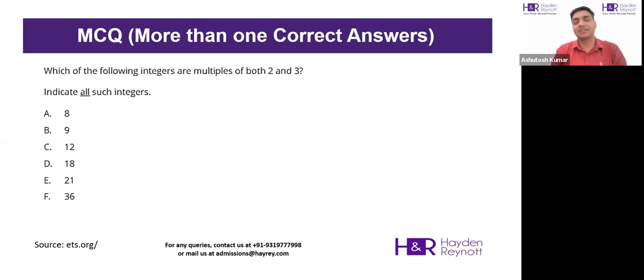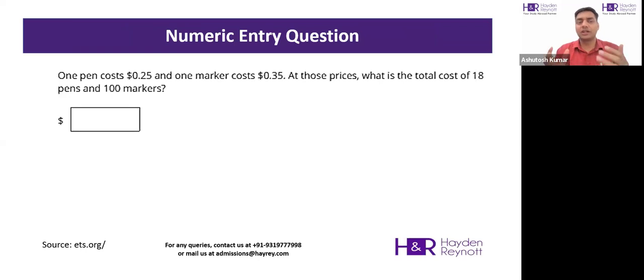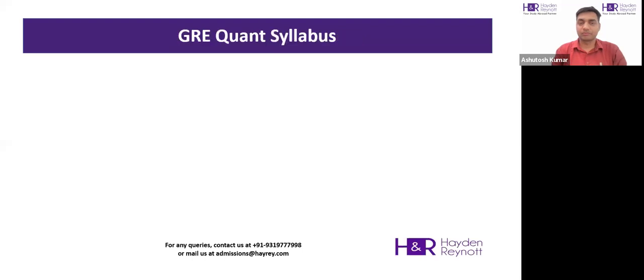I'm just giving an example; this is not necessarily C and D as the correct options. You have to select only those answers which are correct, neither extra nor less. In numeric entry questions, you have one question and a box given. You have to solve the question and write your answer in the box provided.